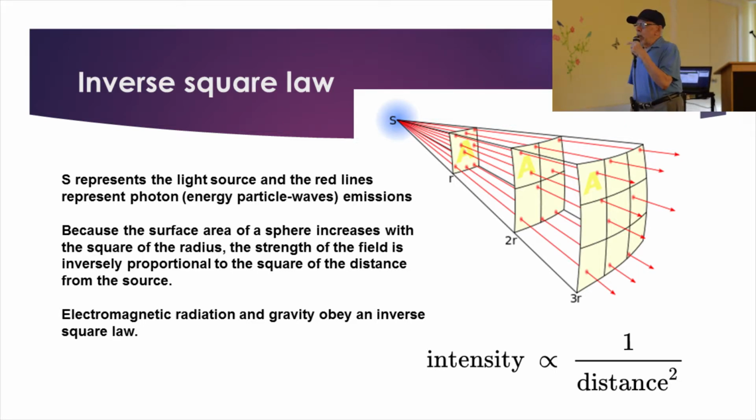So electromagnetic radiation and gravity both obey an inverse square law. So if this is the brightness of the star, it is going to fade, it's going to get dimmer according to this inverse square law.